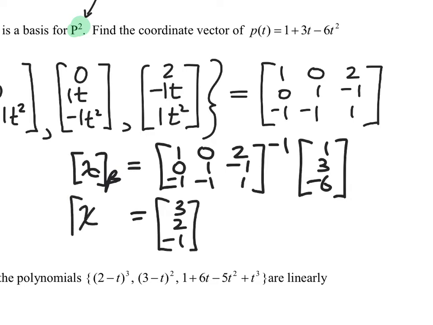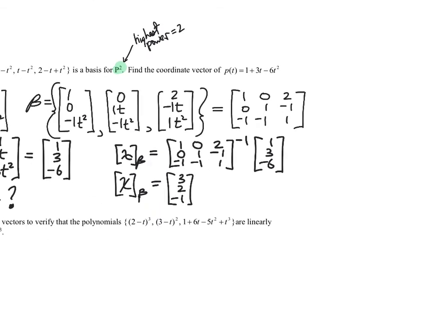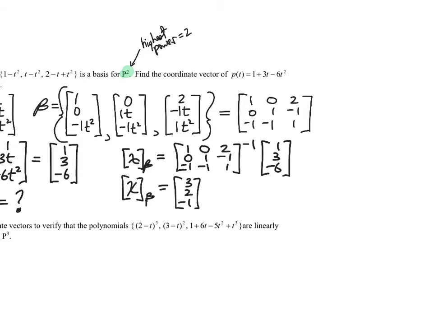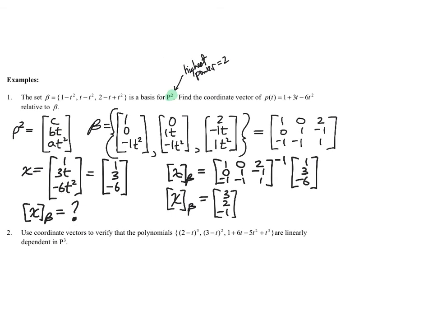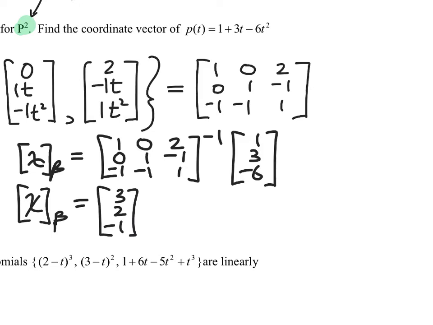All right, so these are the weights on my basis corresponding with the real point. So the coordinate vector relative to beta. We'd be saying that this leads us to 3 times b1, plus 2 times b2, plus negative 1, so minus b3.